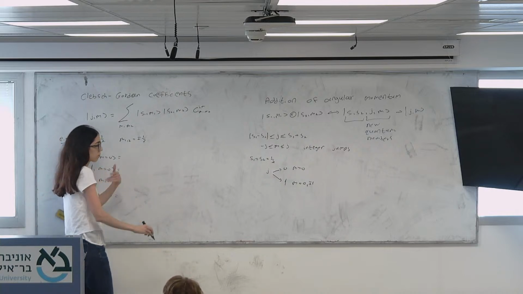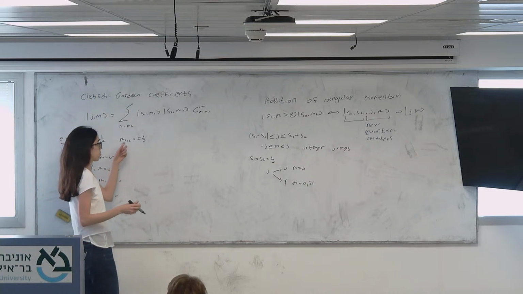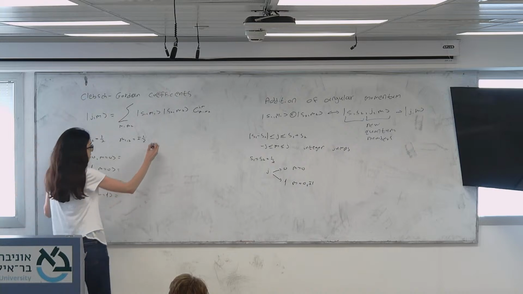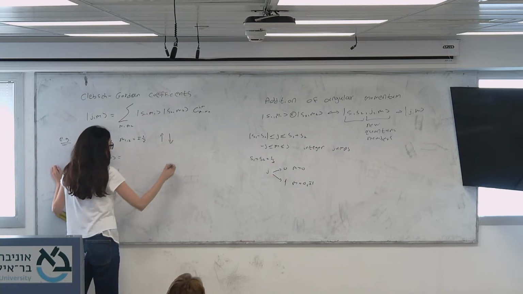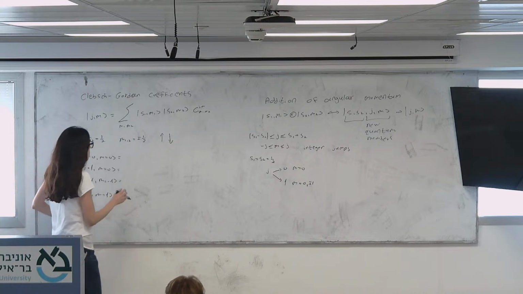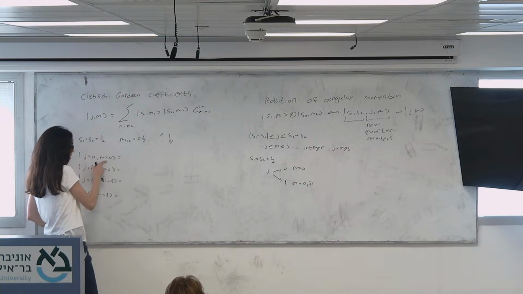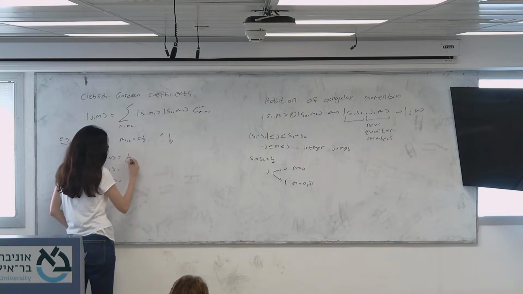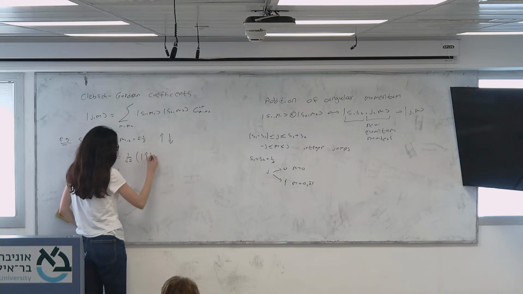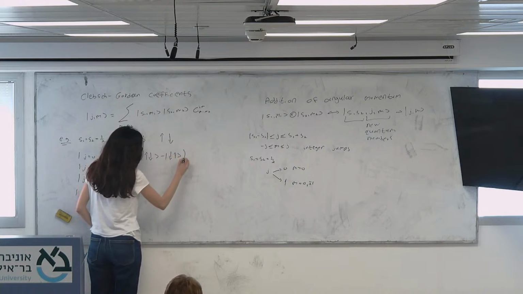Throughout the tutorial, I'm going to refer to m equal plus minus half, like in the case of S equal half, as up and down, just for convenience. So if j equals 0 and m equals 0, what we're going to get, this is a normal result, is up and down, minus down and up.